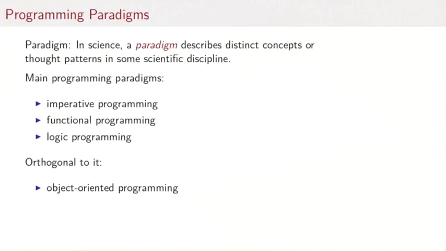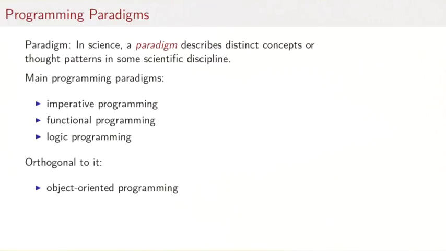If you go back to the meaning of the word, in science a paradigm describes distinct concepts or thought patterns in some scientific discipline. In programming, we can distinguish three main paradigms. There's imperative programming, that's what you probably know from languages such as Java or C. There's functional programming, and there's a lesser known one called logic programming.